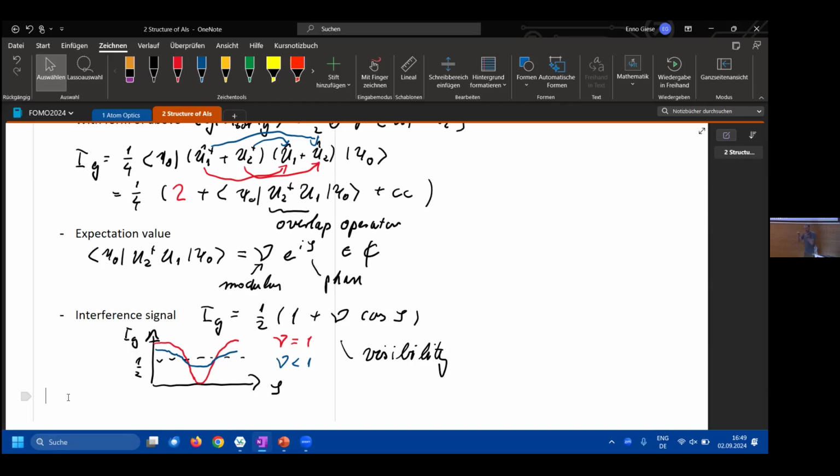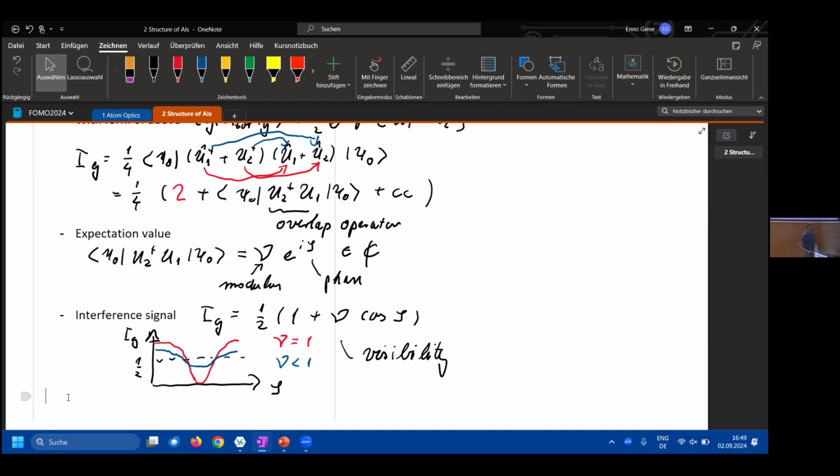Exactly, so that's effectively what we want to measure, and it is included in that phase. If we have gravity, as we will see tomorrow, phi will be minus kgt squared plus delta phi, where delta phi comes from the laser pulses, for example. And kgt squared is the term where g is what we want to measure, the gravitational acceleration.